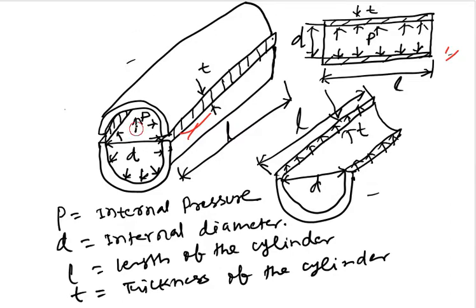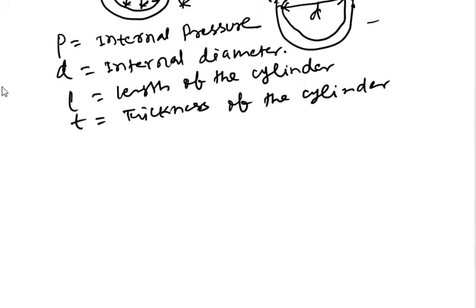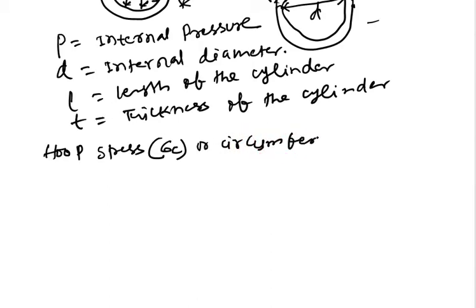Now, when a pressure is acting circumferentially, we will derive the equation of hoop stress, sigma C, also known as circumferential stress, correct?